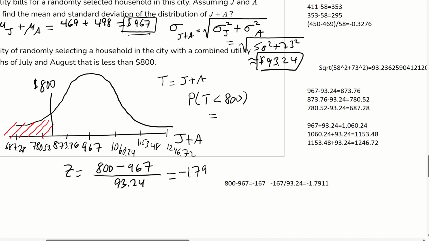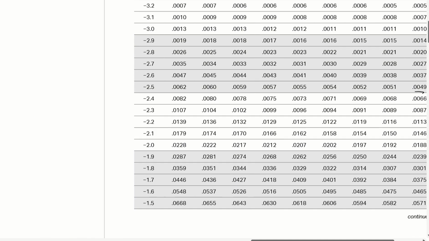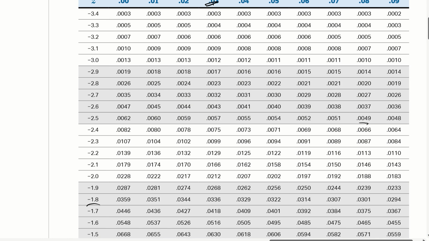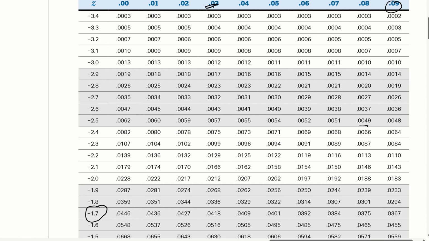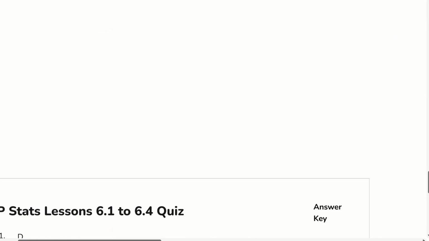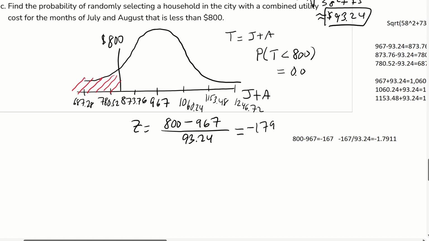All right, and then we're going to look this up on the table, of course, negative 1.79, which gives us 0.0367. So this is the area, 0.0367. So that's the probability of getting a combined cost of less than $800.